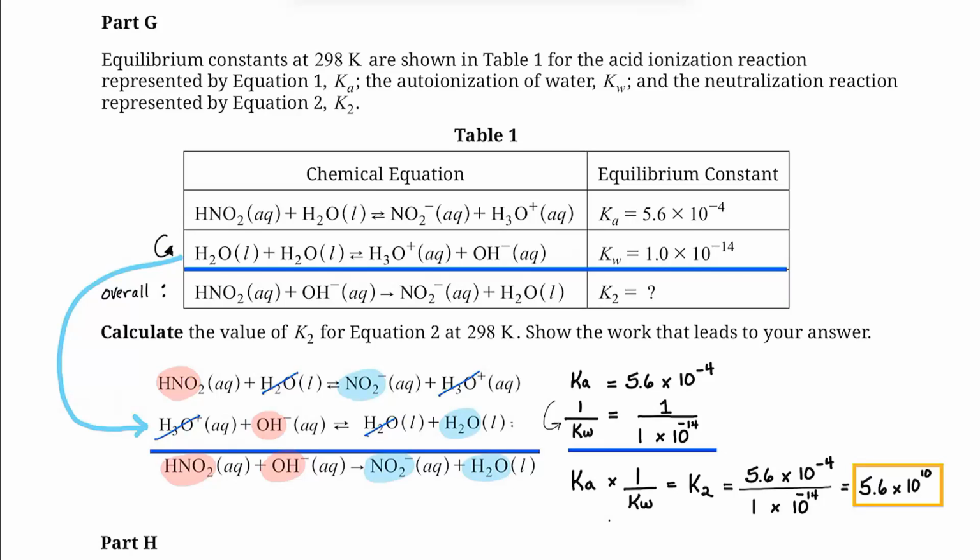Now, why would I do that? When you write an equilibrium constant, whether it's Kp, Kc, Ka, Kw, Ksp, whatever you want to call it, it's got a lot of names for the types of reactions it represents. It's essentially the products over reactants. So when you go in the reverse reaction, the reactants become the products and the products become the reactants.